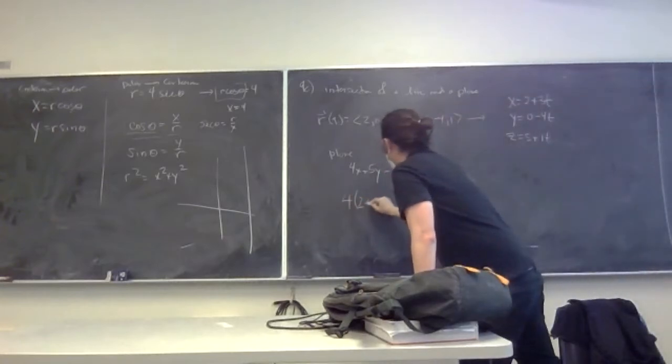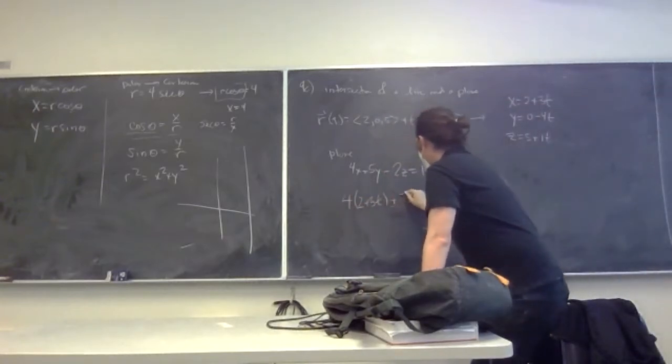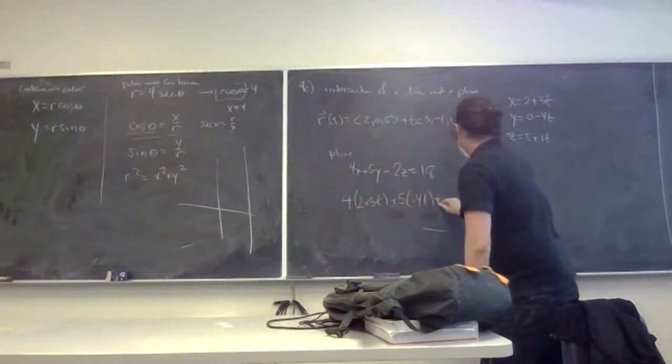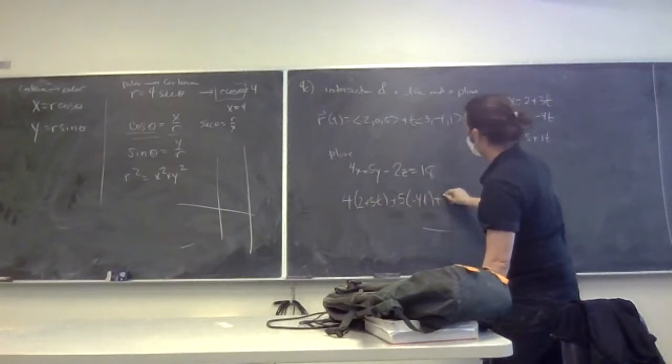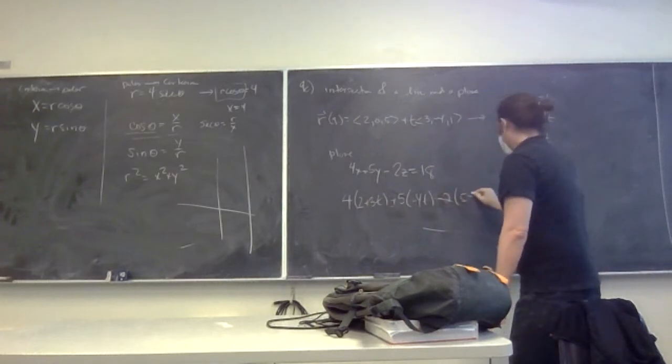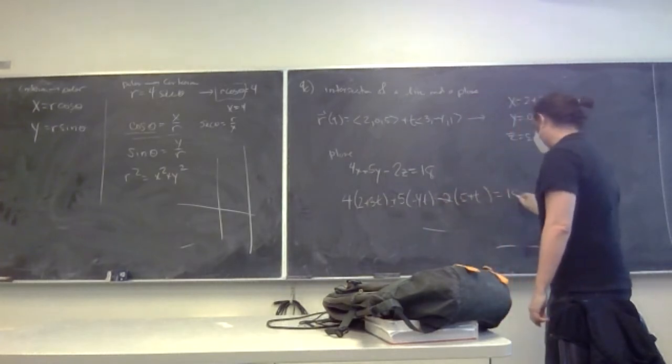4 times (2 plus 3t), plus 5 times (minus 4t), plus minus 2 times (5 plus t) is equal to 18.